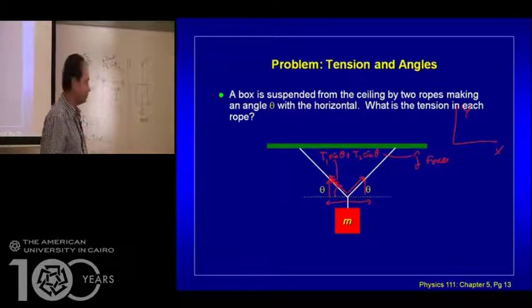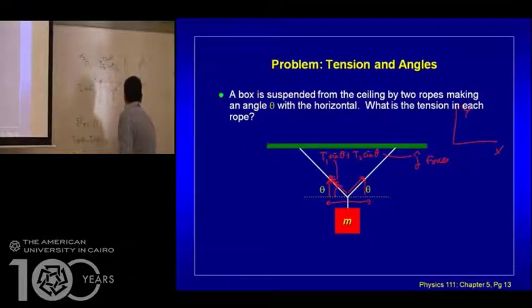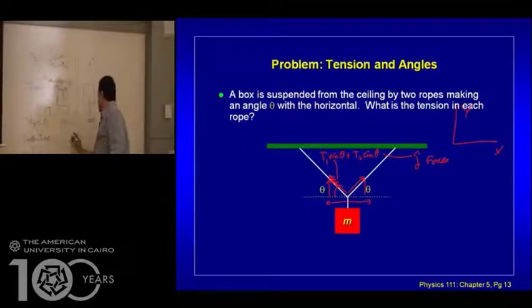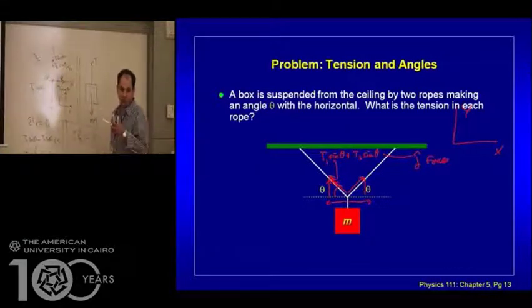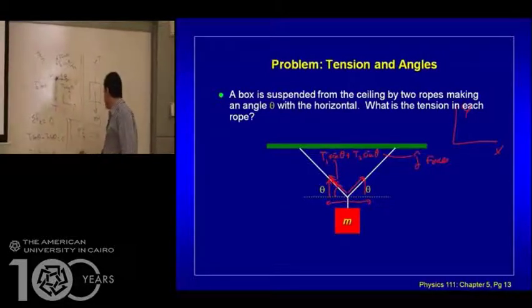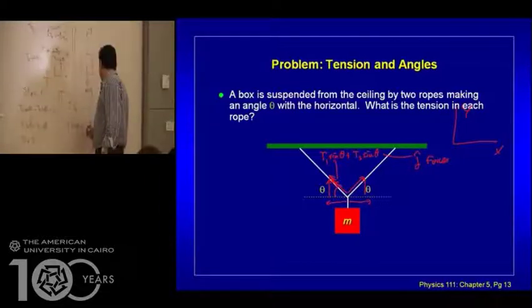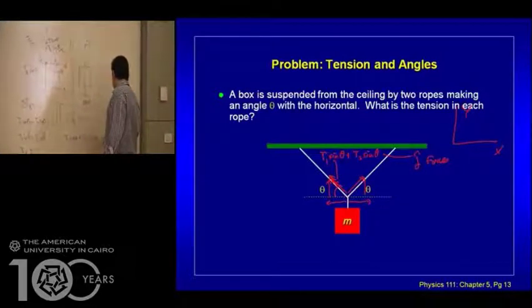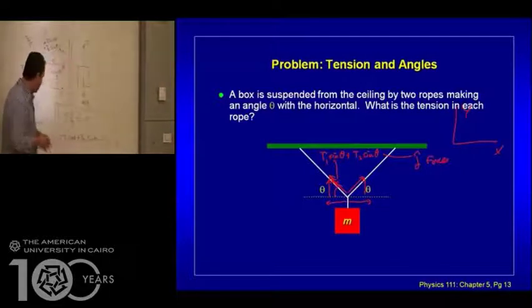Then she said that T1 and T2 will equal T over 2. We'll find out. Now, the sum of the forces along the y-axis equals 0, since we don't have any motion along the y-axis. That means T1 sine theta plus T2 sine theta minus T equals 0.